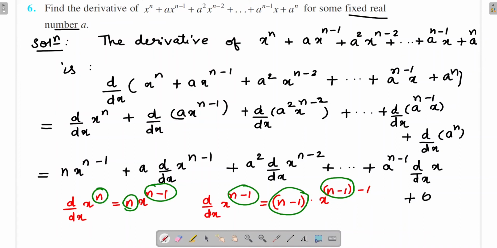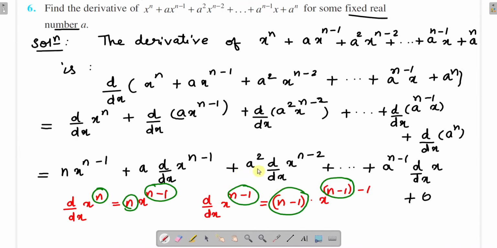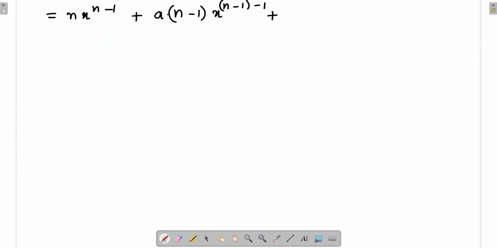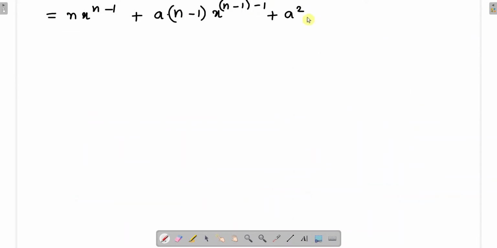So what will be the derivative that I have to write here? N minus 1 x raised to n minus 1 minus 1. Okay, then next plus a square, this now is n minus 2, so the derivative of x raised to n minus 2 will be n minus 2 x raised to n minus 2 minus 1.